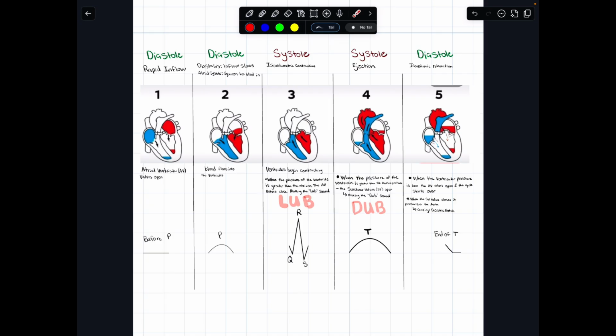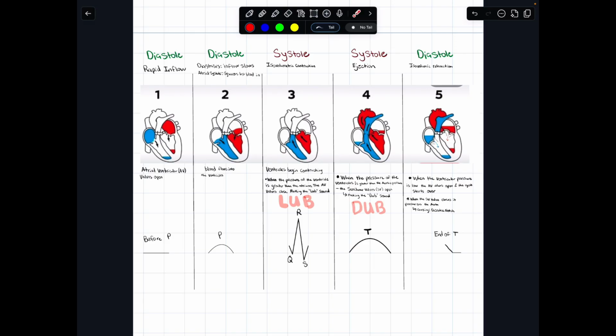And then when our ventricular pressure is low, it starts over again. But when these SV valves close, that's what gives us our dub sound, right? And that's also our repolarization.